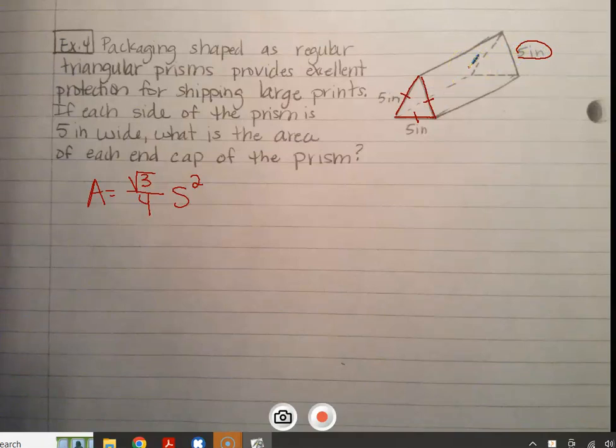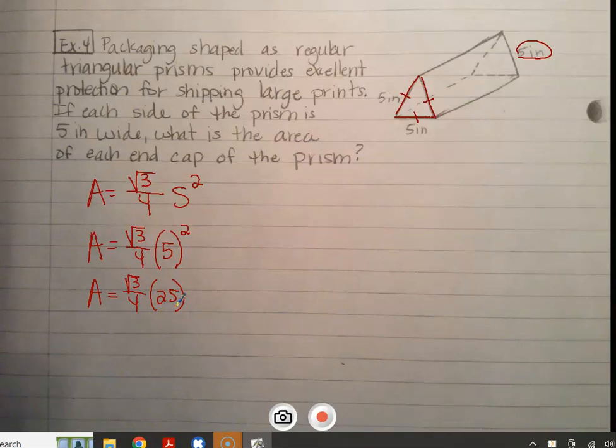So to take this formula, our area is going to equal the square root of 3 divided by 4 times the quantity of 5 squared. That's our side length. Well, 5 squared is 25. So our area is going to equal the square root of 3 divided by 4 times 25.